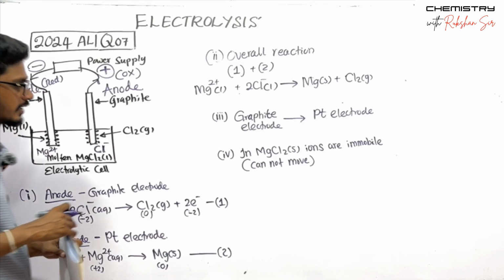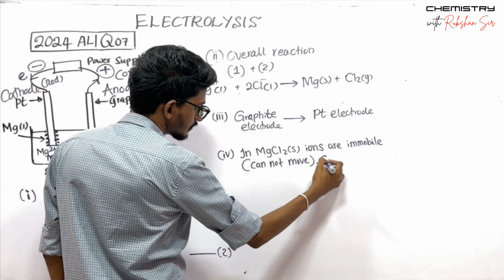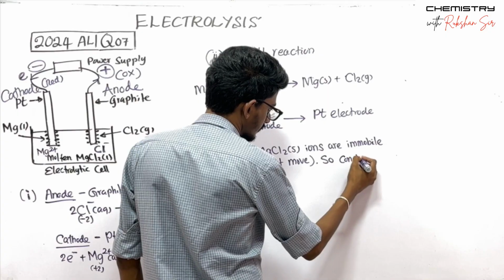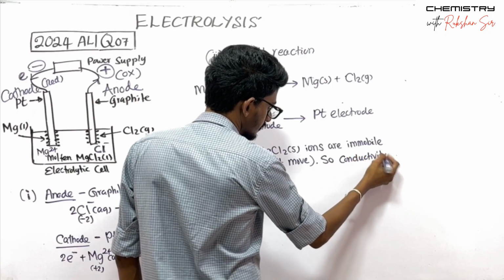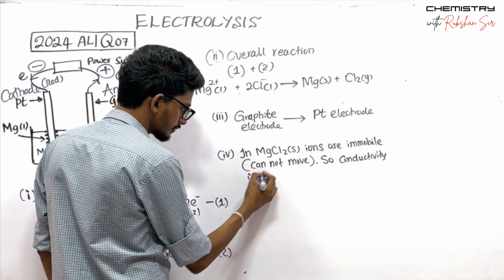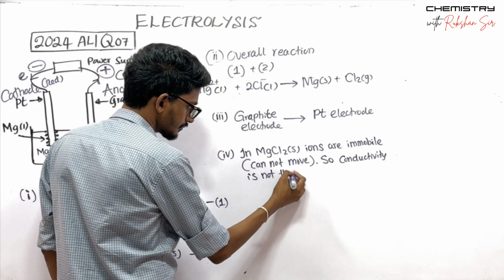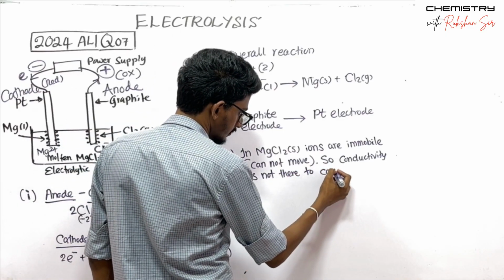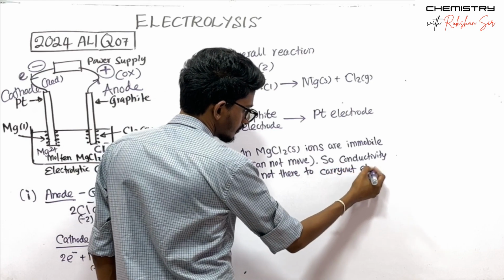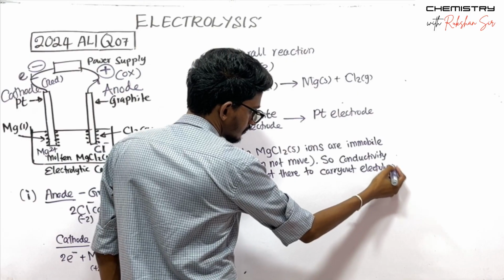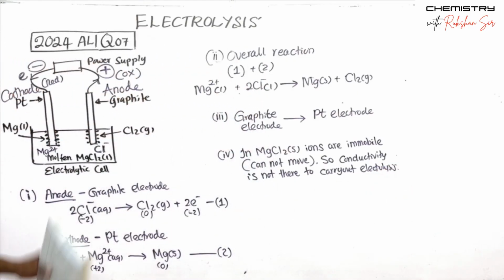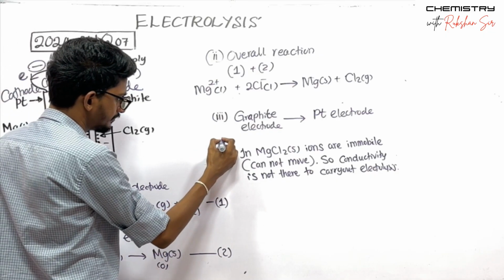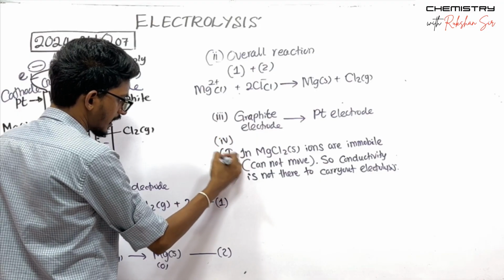So conductivity is not there to carry out the electrolysis. That is Roman number 4, part 1.